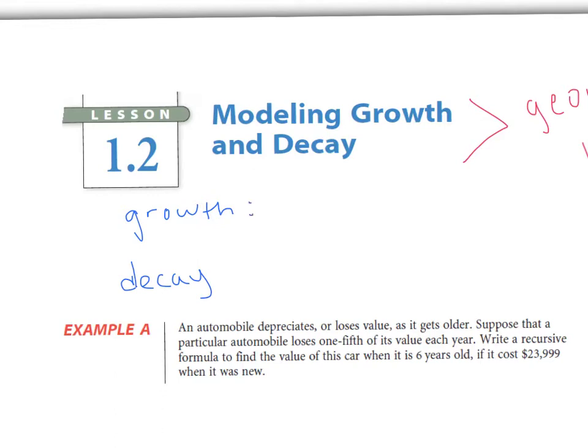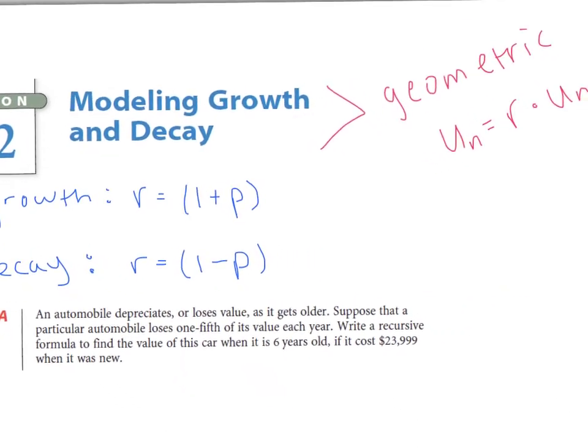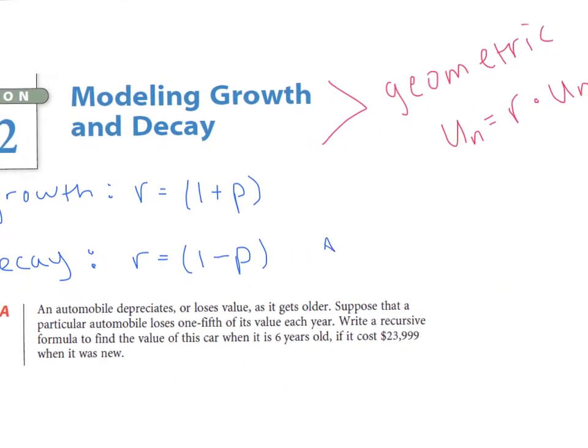Now, if we're looking at growth, our r value is going to be 1 plus p. If we're looking at decay, our r value is 1 minus p. And for both of those, our p value is just the percent increase or decrease as a decimal.